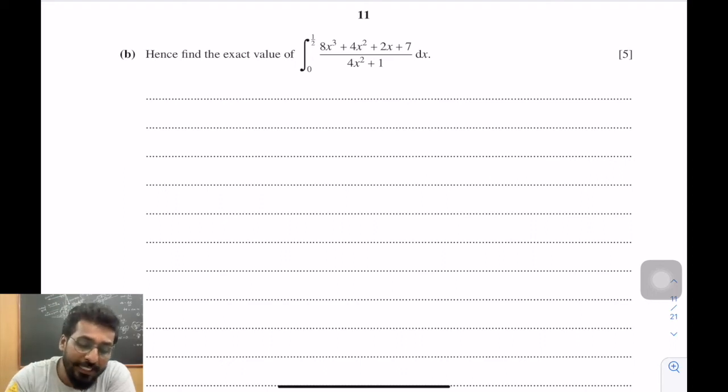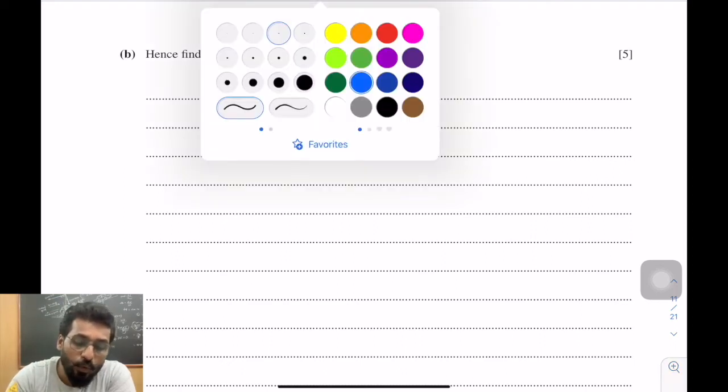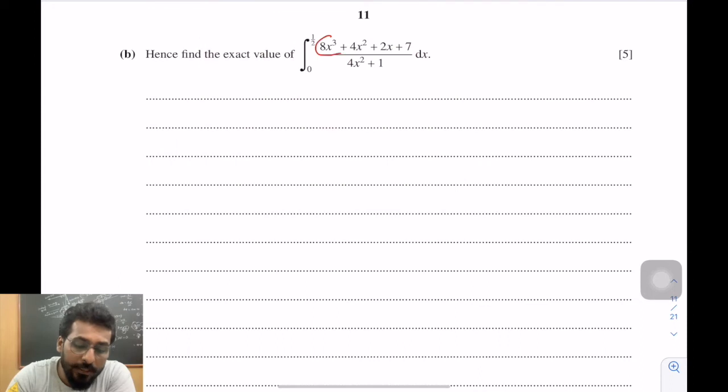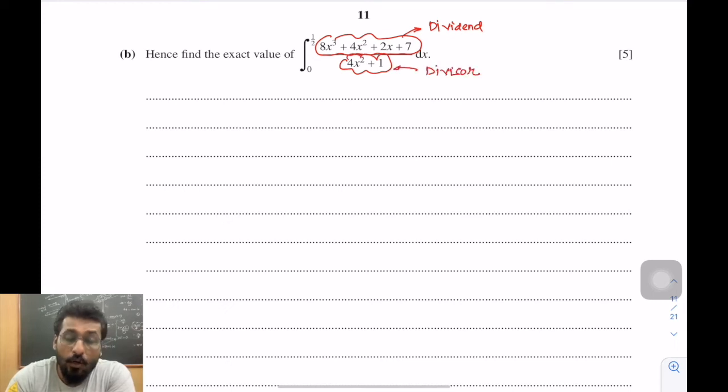That was your dividend, right, students? So we know that this 8x cube plus 4x square plus 2x plus 7 was your dividend, and this 4x square plus 1 was your divisor. Now remember, the dividend is in the numerator, the divisor is in the denominator.